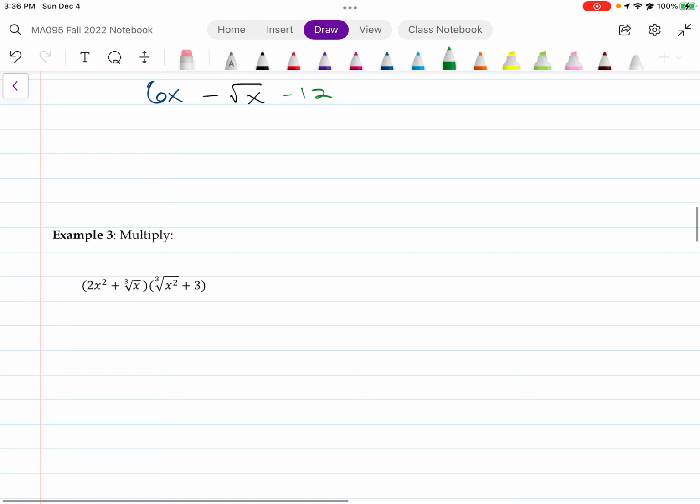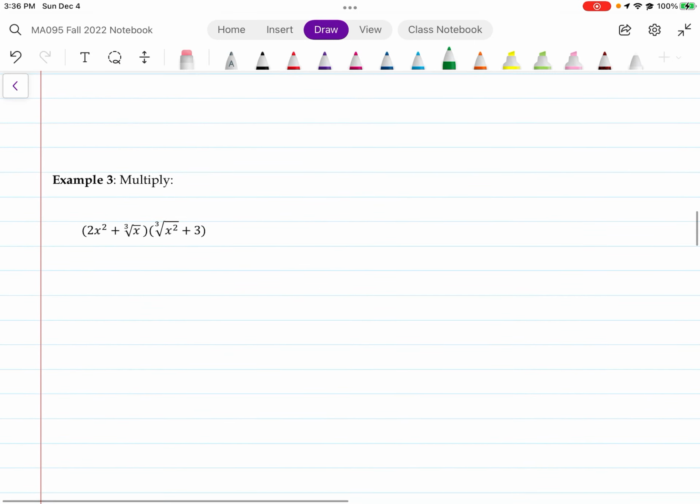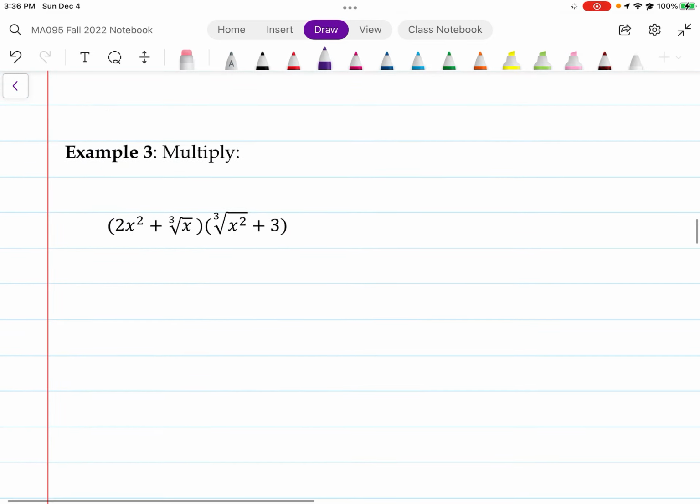Okay. So let's try one with cube roots and squares, and anyway, it's all over the place. So be really careful. There's a lot of stuff going on here. Color code, take things a step at a time, whatever you need to do. So we're going to take this one times this one. So I've got 2x squared times the cube root of x squared. Plus the outside terms.